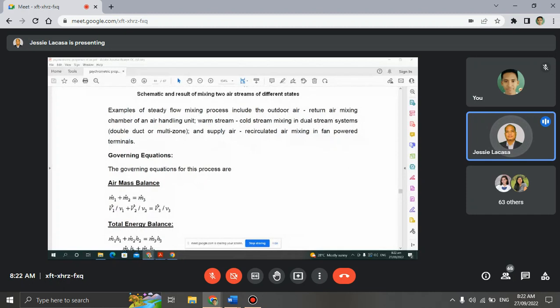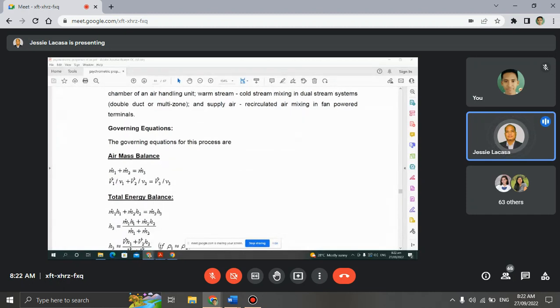So the governing equations for this process, the air mass balance. So the mass flow rate of the first airstream plus the mass flow rate of the second airstream is equal to the mass flow rate of the resulting airstream, 3.